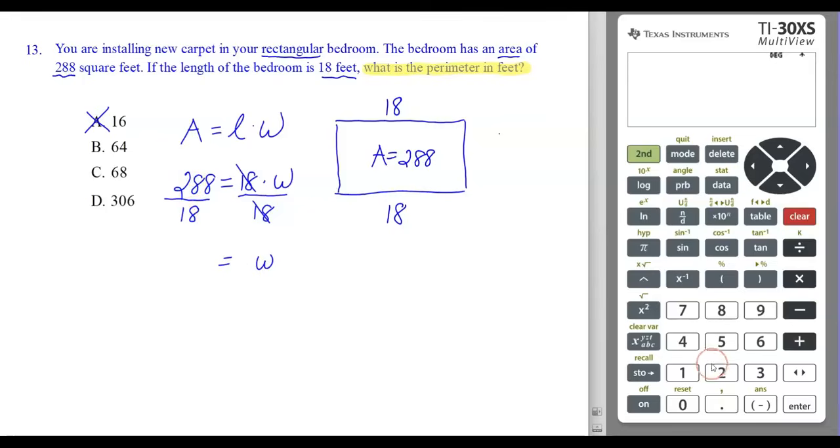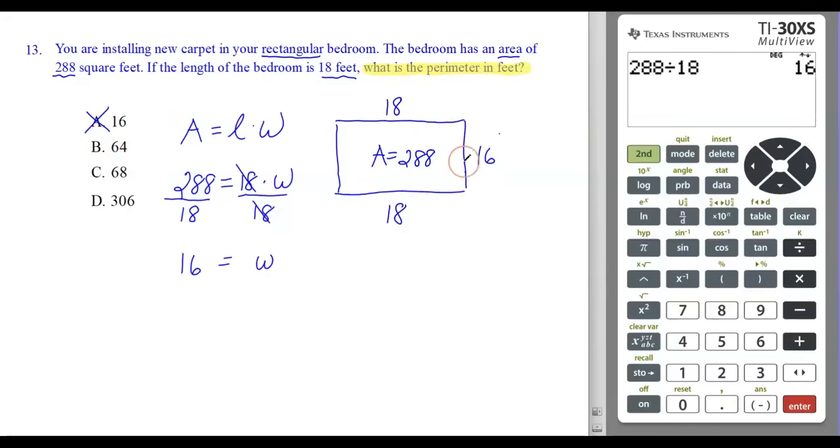I'll do this on the calculator. 288 divided by 18. It's 16. That's my width right here. So over here I'll put 16. Now if you were not reading the question, you might have circled 16 as your answer. That's a trap answer right there.